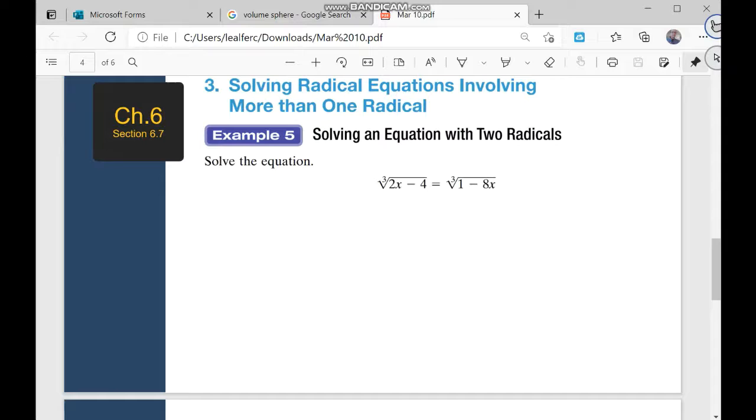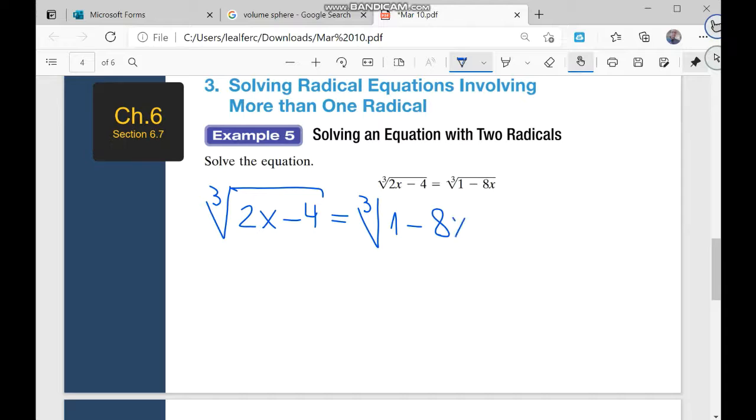Solve the equation: the cube root of 2x minus 4 equals the cube root of 1 minus 8x. That's the example. We have two radicals in this equation, and the first step is to isolate, and they are already isolated, so you can skip step number 1 and move to step number 2.